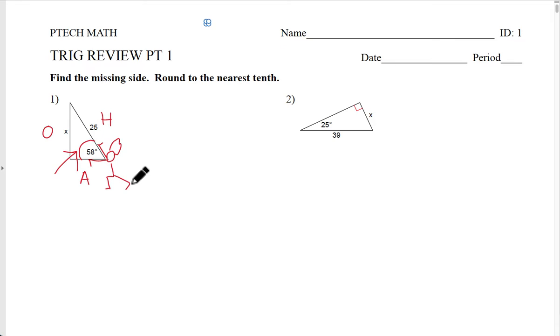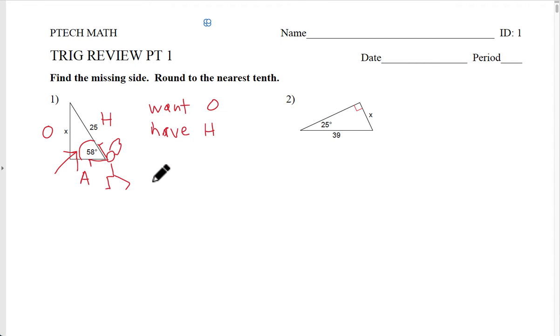So we got that. After you have the sides labeled, you want to identify what do you want, meaning what side do you want to find, and what side do you have? What side do you know already? Okay, well, the side that I want is going to be X, and that side is the opposite. The side that I have, they gave me a numerical value for 25, is going to be my hypotenuse.